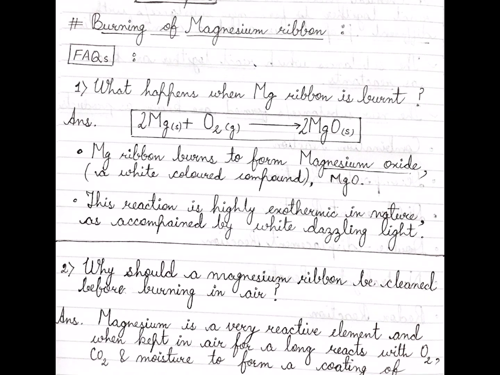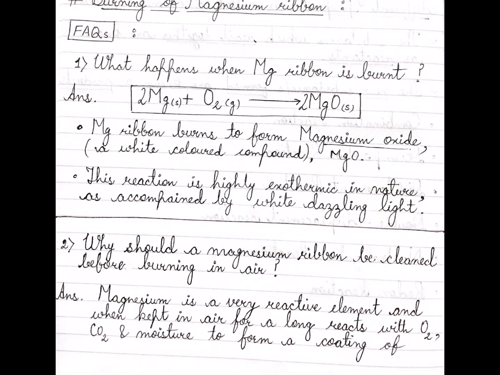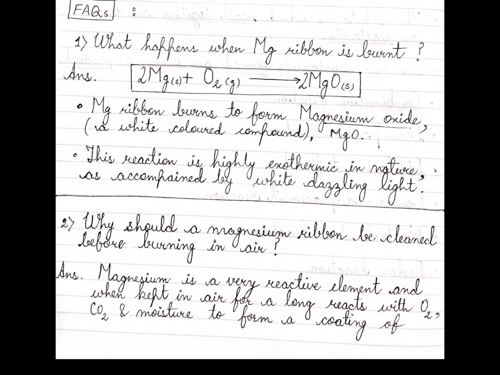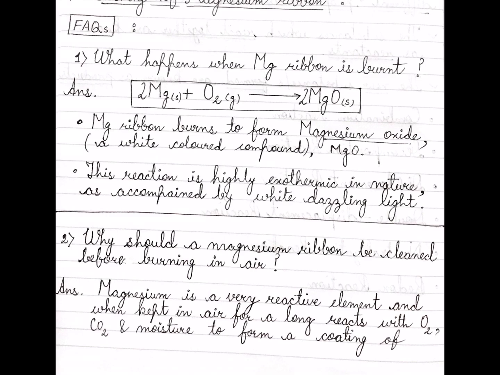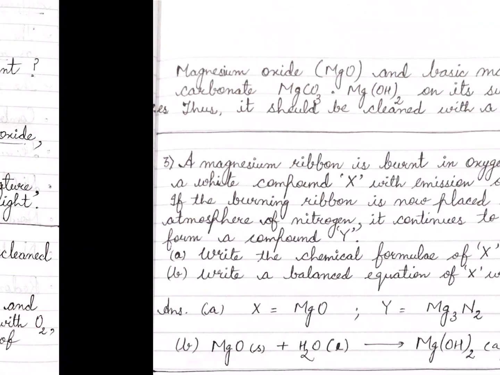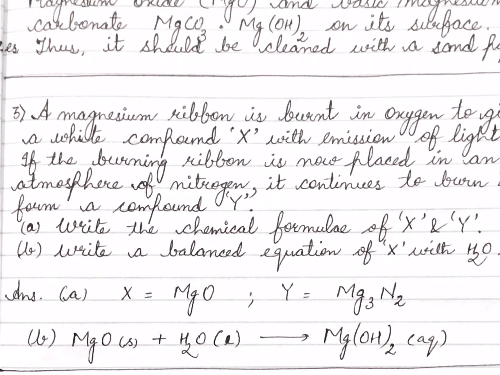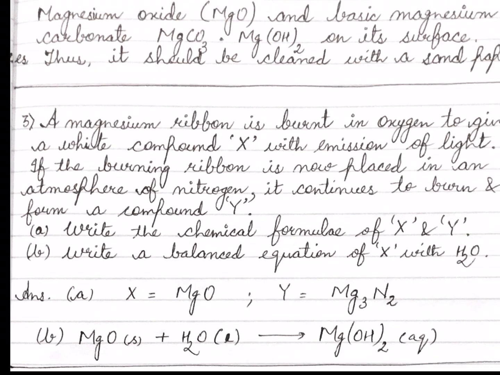In the example, I was talking about burning of magnesium ribbon, and I had discussed 3 FAQs which are very, very important for the board exam. A little bit of balancing, you learned about exothermic reactions, and the last question was very important for you. It's a HOTS level. You also understood the crisscross method learned in class 9, and a new concept that metal oxides are basic in nature.